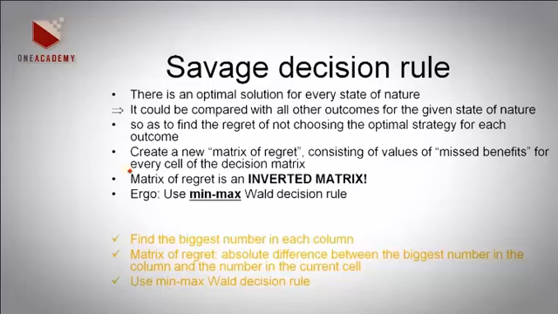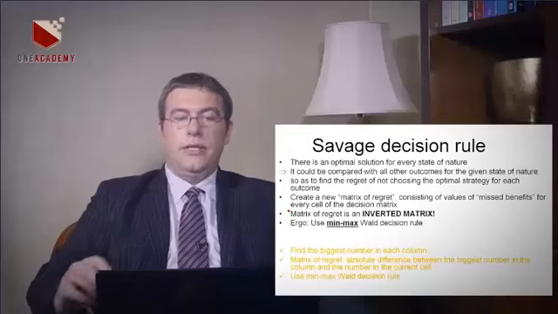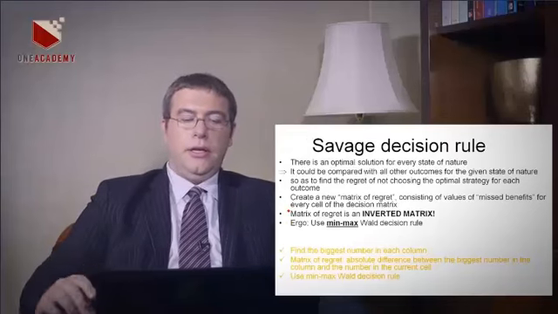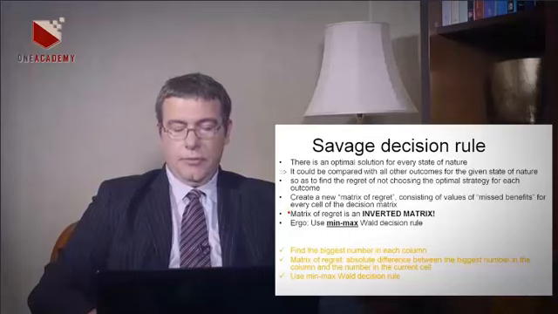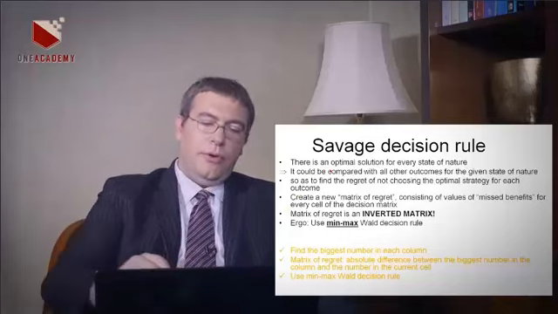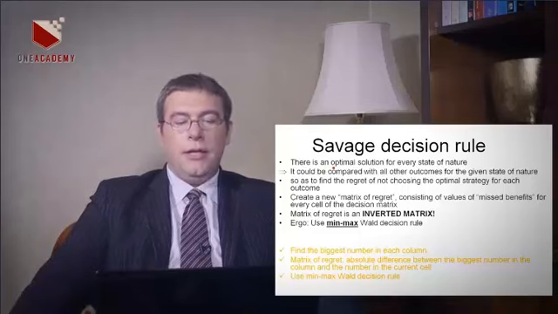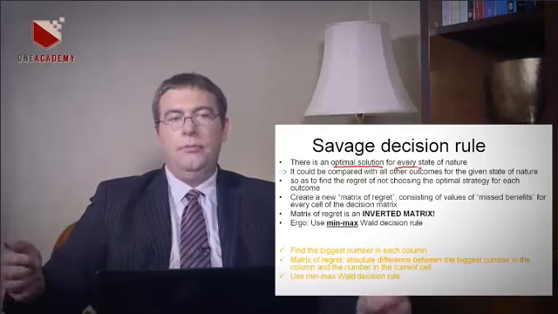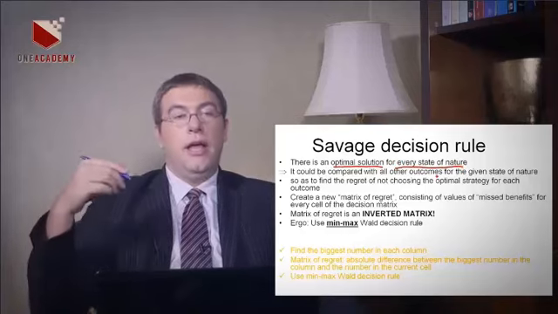So starting from analysis in columns, as I already stated, we can see that for each column, so for each state of nature, there is at least one single best solution. There might be more than one, but at least one single best outcome.